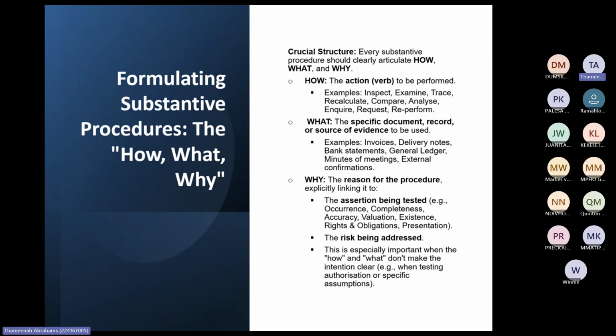So it's important that you use the how, what, and why, and make your intentions clear. Because, like I said, for test of controls, it's a set of instructions that you give. Most of the time, it's usually someone more senior creating these audit procedures, or the big four companies, like Deloitte, KPMG, Mazars, all of them.